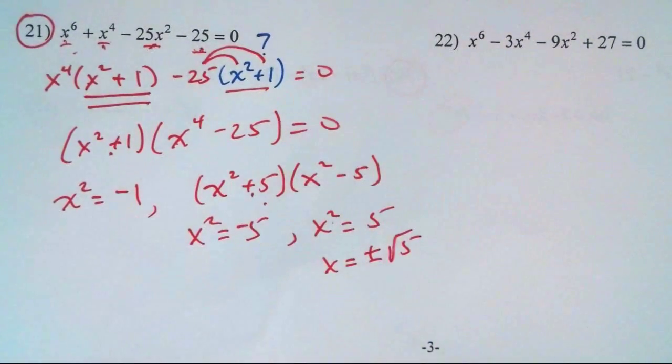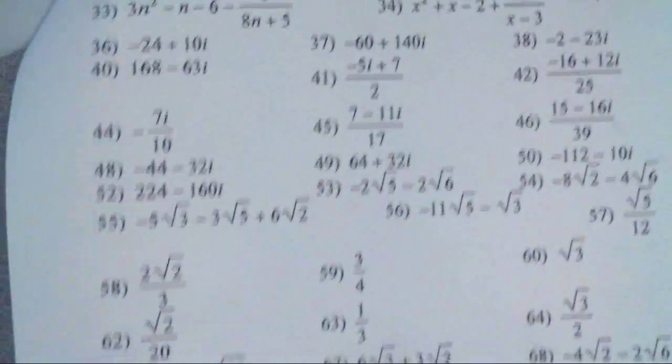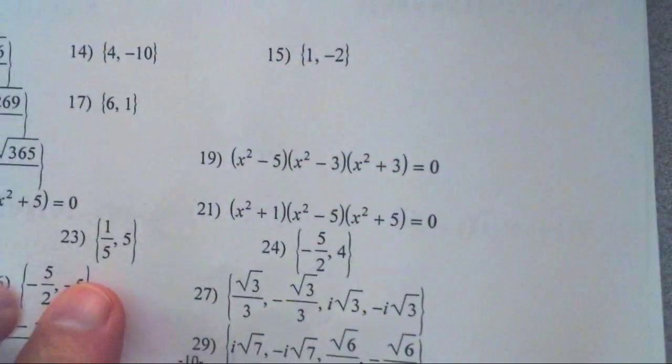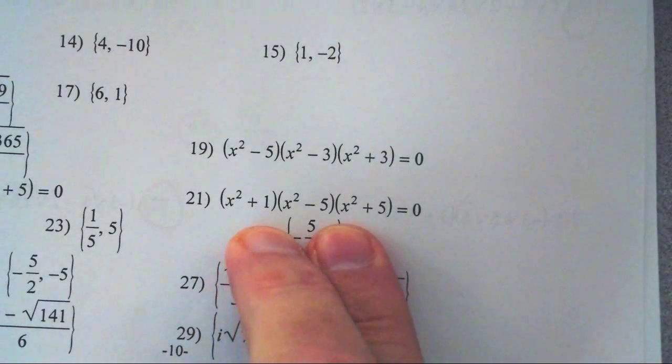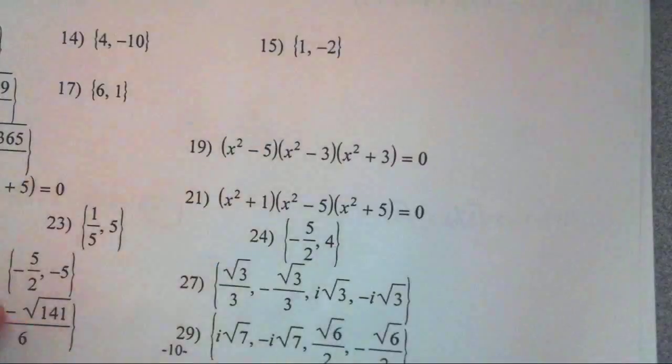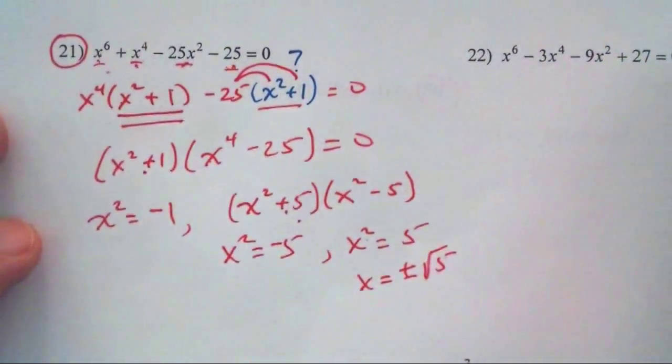Now, if we were solving on real numbers, let's take a look at number 21's answer here. Oh, all they've done is factored here. That's good. We'll just stop there then. So my factors, and that's fine.